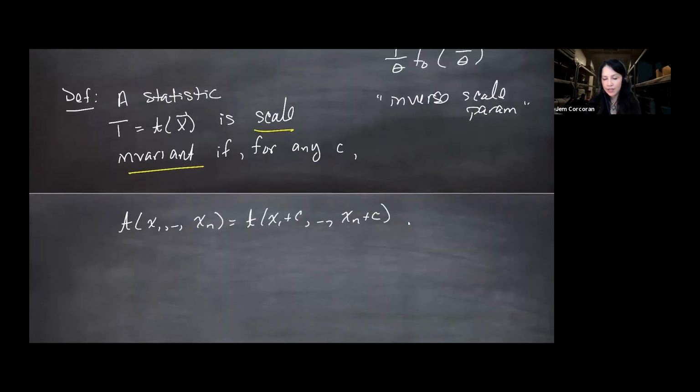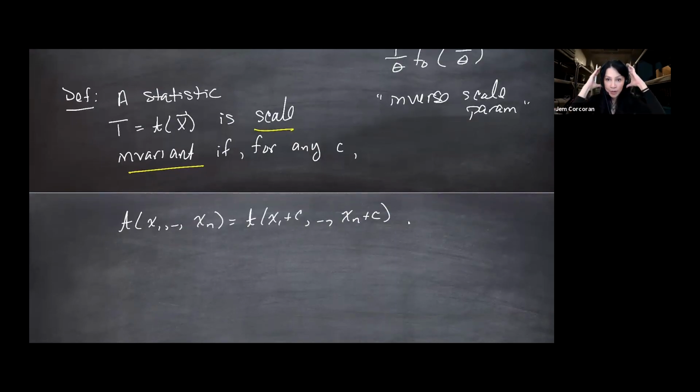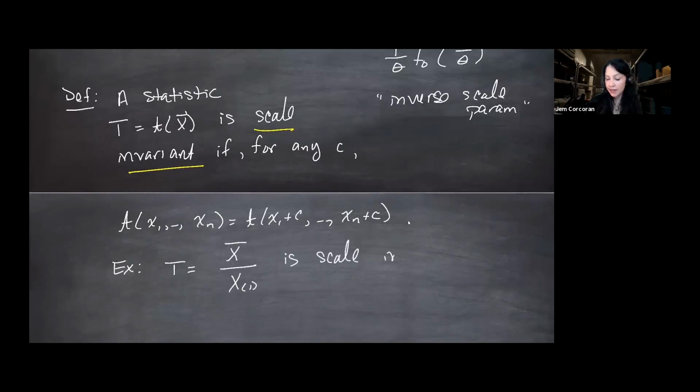And so this is not the example I wanted. I wanted to start with something else known as a location parameter to talk about that uniform example. But as an example here, maybe you've got a random sample x1 through xn, and the statistic x bar over the minimum, just to make something up, is scale invariant because, oh gosh, that is wrong.